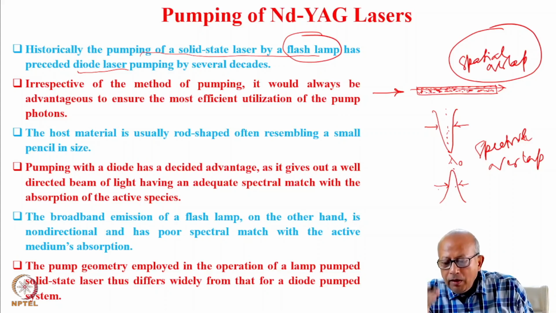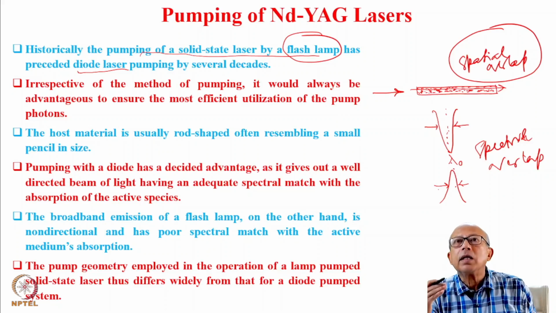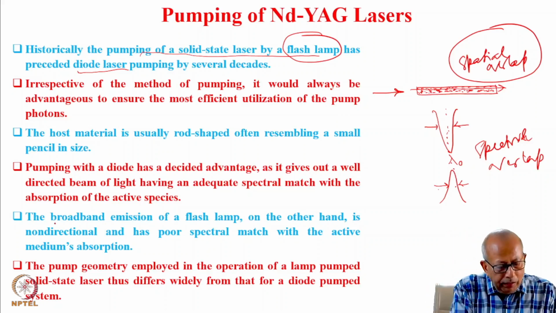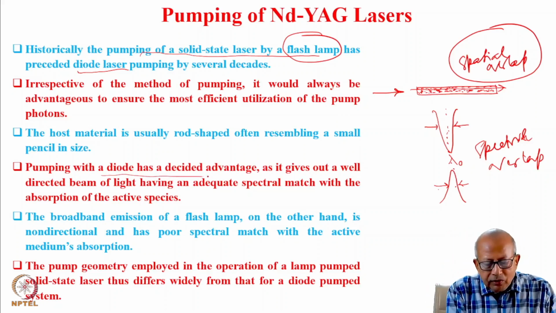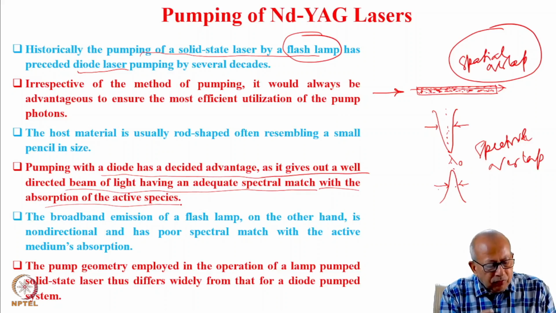So when a solid state laser is pumped by a diode laser, it is expected that it will perform quite efficiently. Thus the diode laser has a decided advantage, as it gives out a well-directed beam of light having an adequate spectral match with the absorption of the active species.